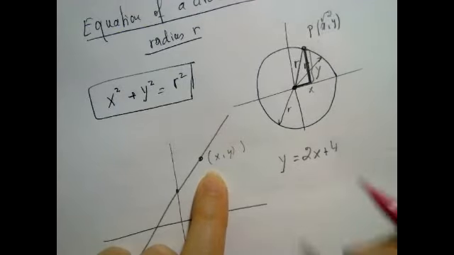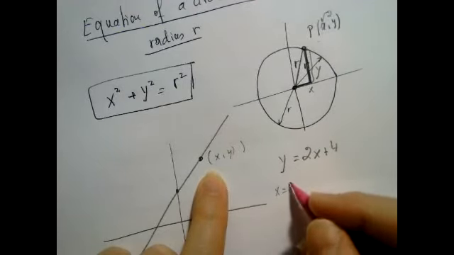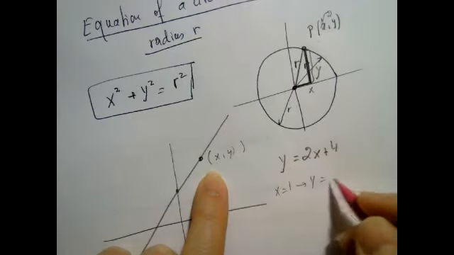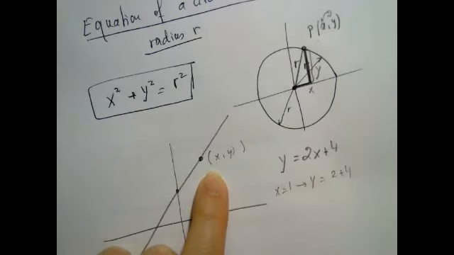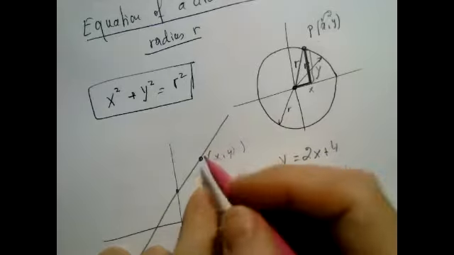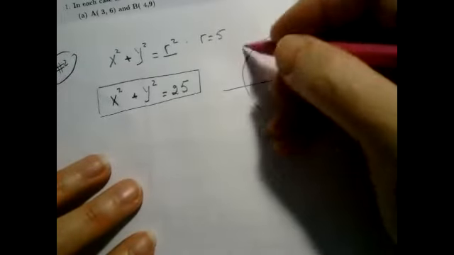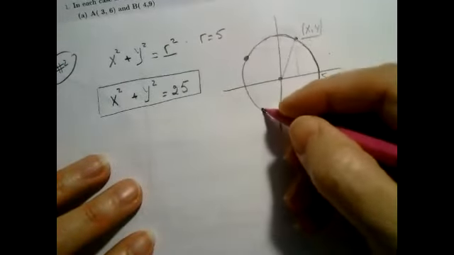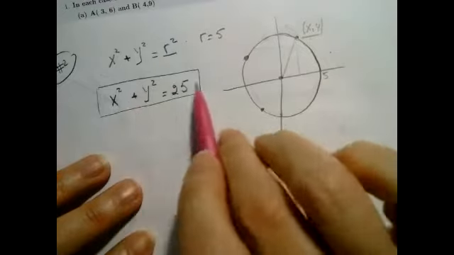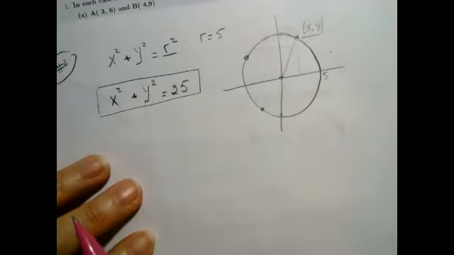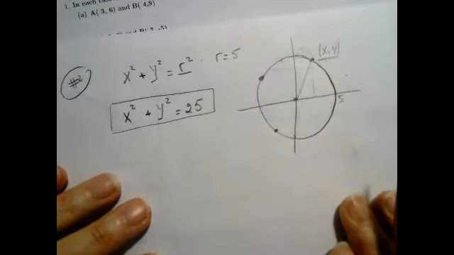That's really what the equation is. So if you put x equal to 1, your y will become 1 plus 4. So it means the relationship between the x and the y for points on the line. The circle is the same. If you take a point on the circle, anywhere here, what's the relation between the x and the y? That's what we mean by the equation of the circle.